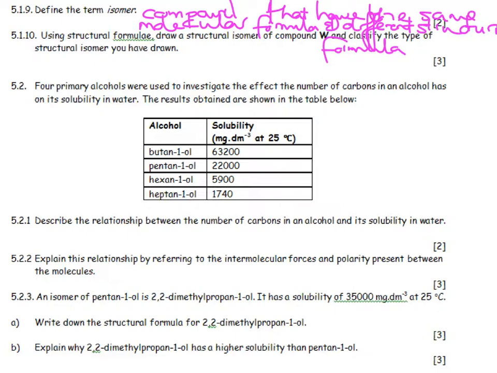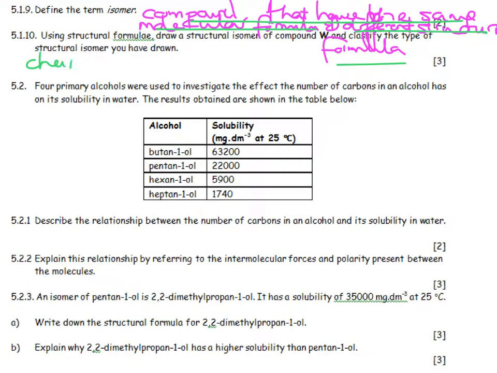Define the term isomer. Isomers are compounds that have the same molecular formula and different structural formulae. Using structural formulae, show a structural isomer of the compound W and define the type of structural formula you have drawn. Remember, there are a number of different structural formulae.